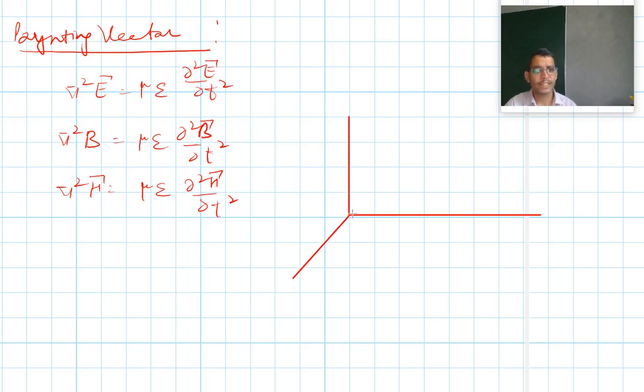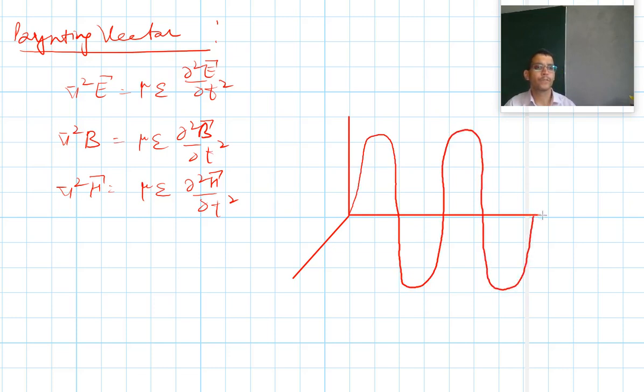What I am considering is that the electric field is varying along the x-axis. The electric field vector is varying along the x direction like this, with the wave moving along the z direction, and this is the y-axis.